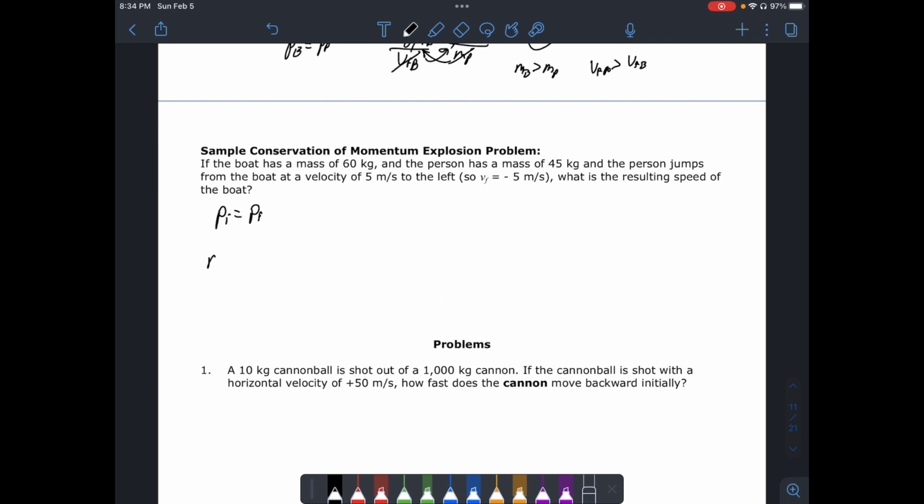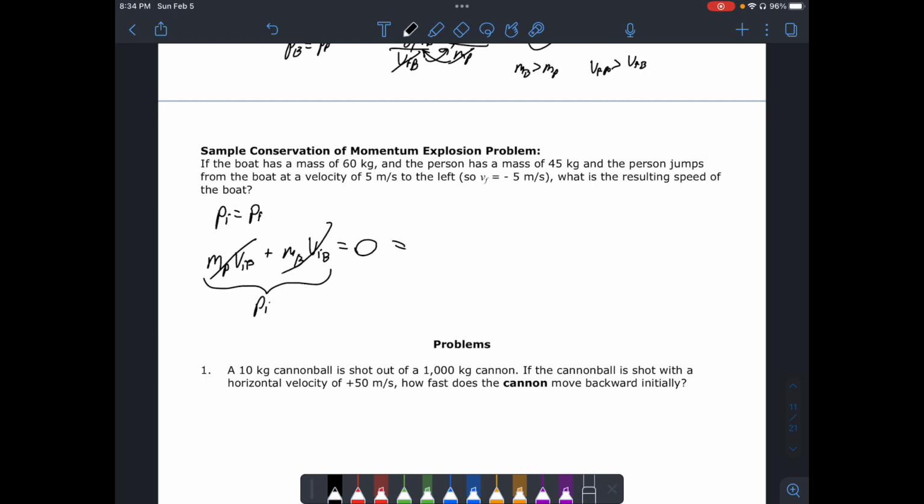Initially, we have the mass of our person times the velocity of our person plus the mass of our boat times the velocity of our boat. And that is going to equal 0, because we know that our velocities are 0. This is before they jump, this is our initial momentum.